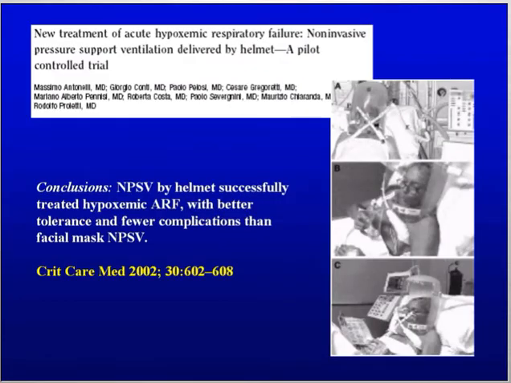The last type of interface, the very attractive one which has been discussed in depth at this meeting, is the helmet described by the group of Antonelli and co-workers, and which may be a tool markedly improving the tolerance of this type of ventilation.